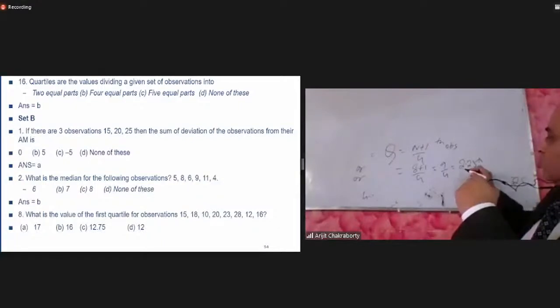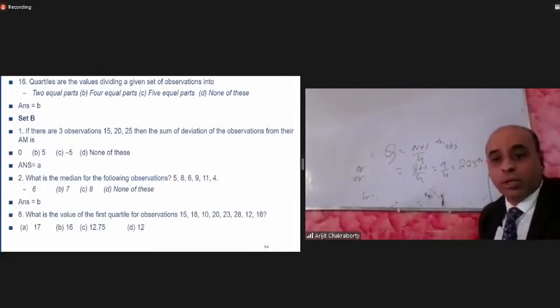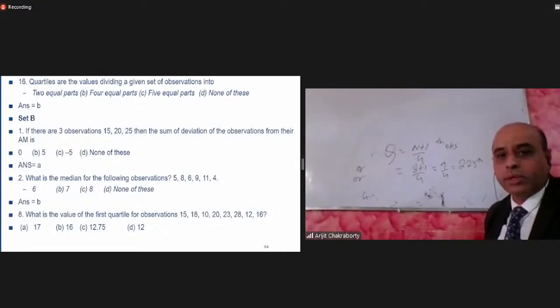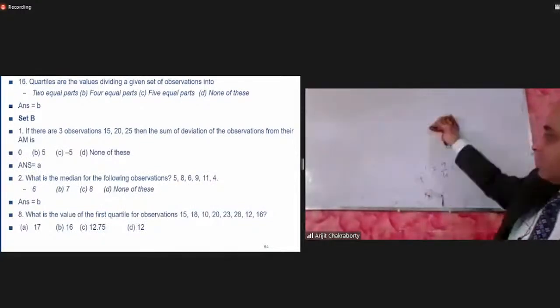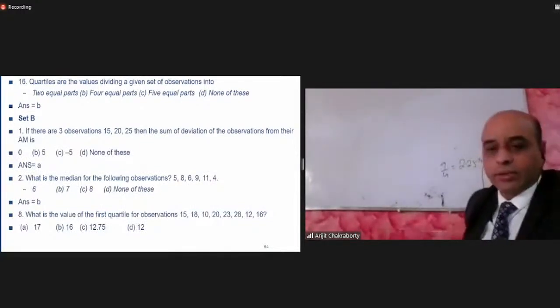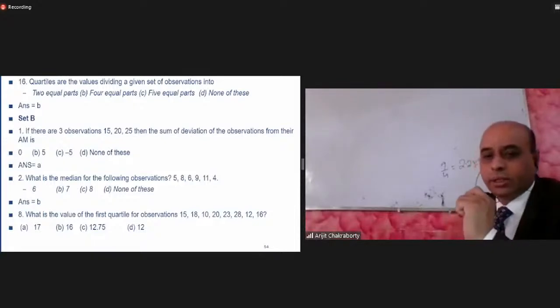So this is the 2.25th observation. Now we have to find the first quartile, so we have to arrange the numbers in increasing order. For quartile calculation, you have to work it out like this. Let me arrange it in increasing order.